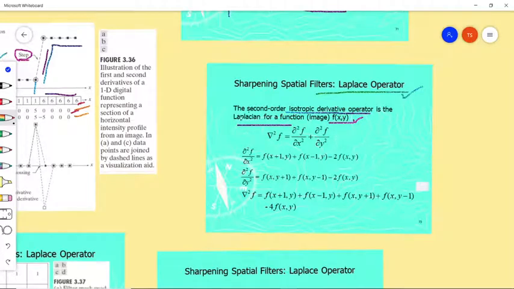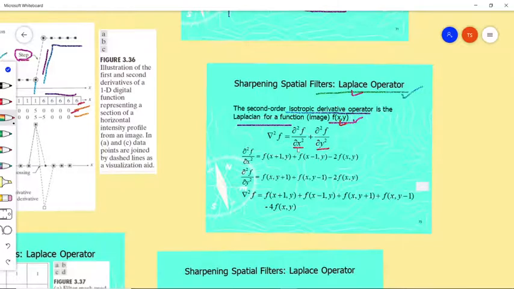This second order isotropic derivative operator, the Laplace operator, is defined as dou square of f is equal to dou square of f by dou x square plus dou square of f by dou y square. Here this f is with respect to x and this f is with respect to y, because we have two coordinates x and y, and the second order derivative dou square.